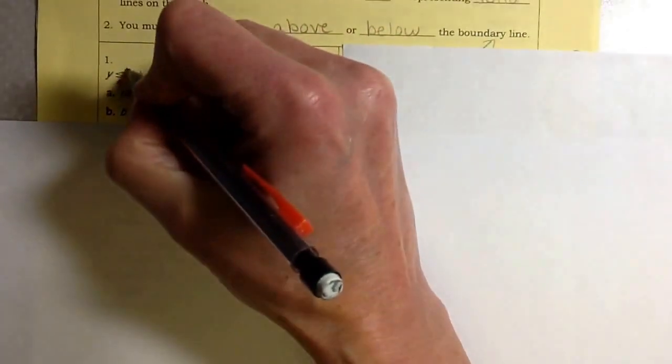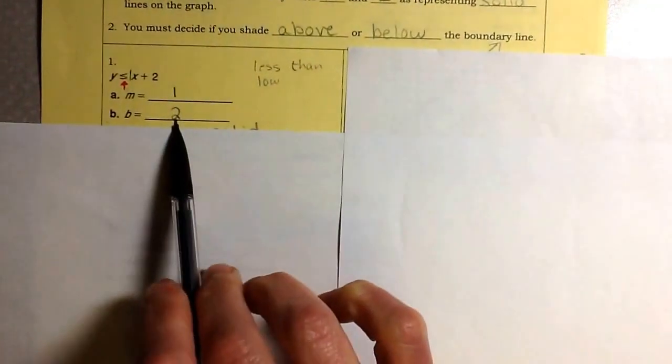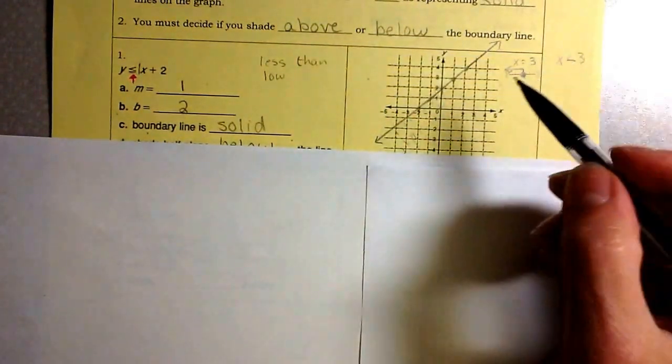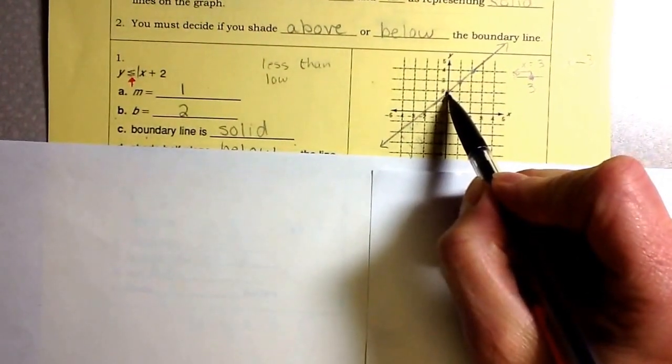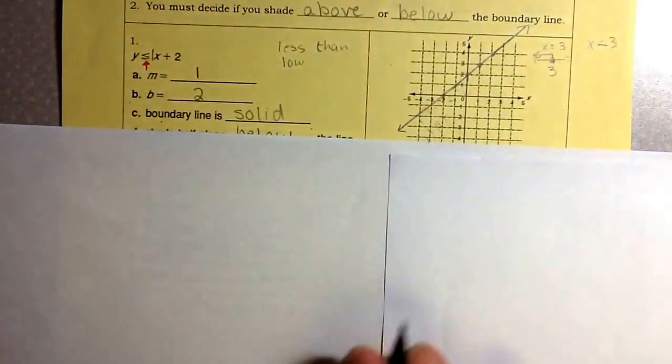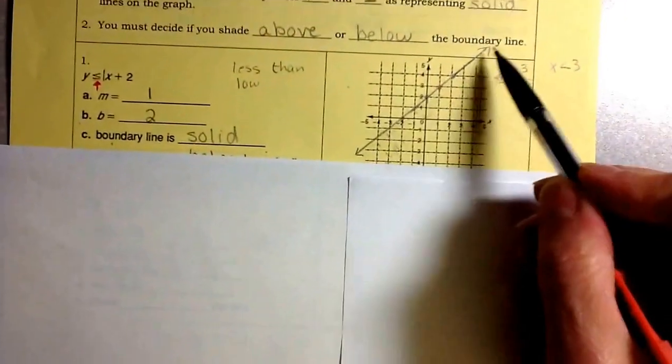I put it there to show you that it's 1x, so your slope is 1. Slope is 1, the y-intercept is 2. And because of the inequality with the line under it, the boundary line is going to be solid. When you graph it, your line is going to cross the y-axis at 2. It's going to have a slope of 1, so up 1 over 1. There's your line, and again, it's solid.